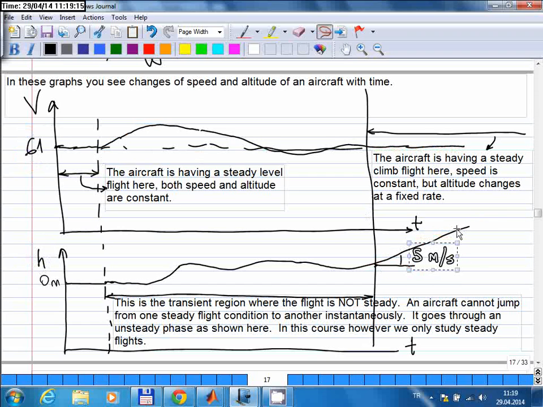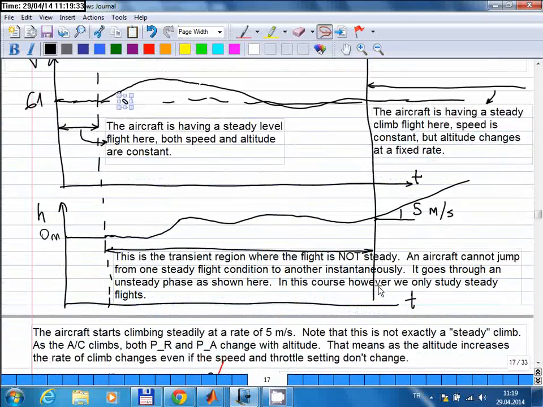Otherwise the pilot can choose this additional power differently. He can choose to increase the speed of the aircraft, but we will see that later. Right now we're assuming that the additional power is used for climbing, okay?